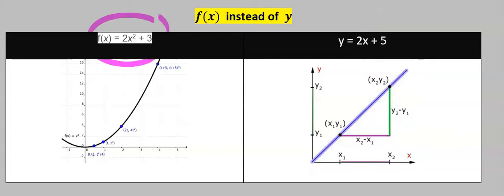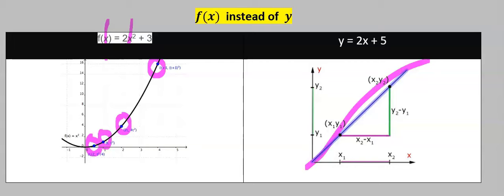However, for a function, as x changes values, each point along the curve has a different slope, and finding the slope at each point along the curve is not as easy as for a straight line graph.